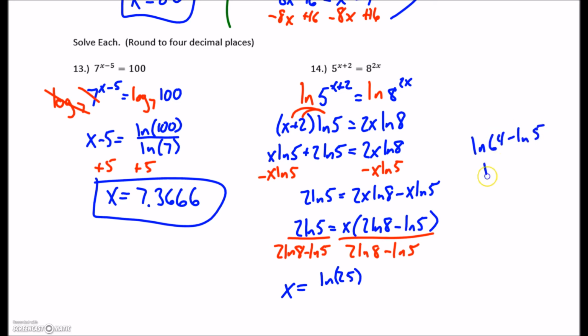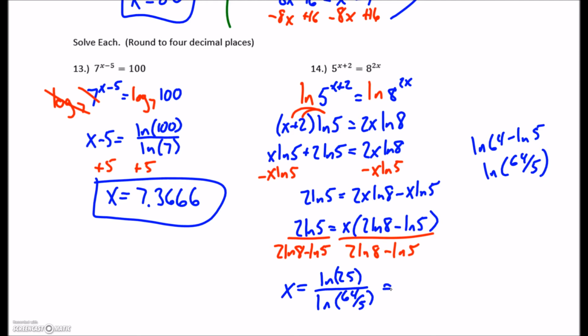And now subtraction can be rewritten as division inside one logarithm. So that entire denominator becomes the natural log of 64 over 5. This becomes a lot easier to plug into my calculator when I use my properties of logarithms. Again, most of us are probably going to use those properties as we go rather than waiting to the end to simplify.